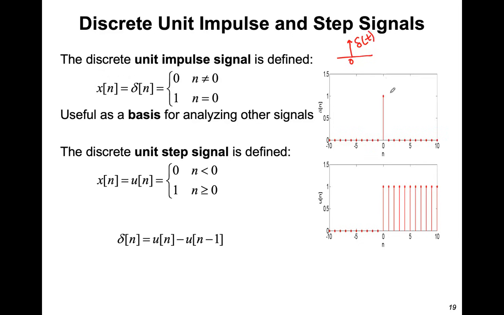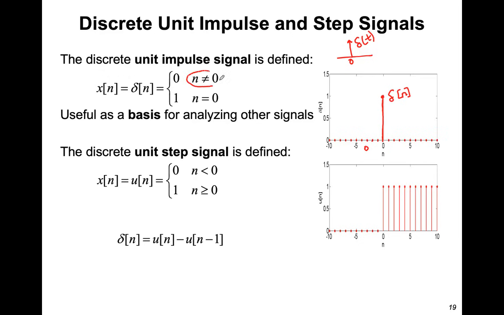Here I will say Dirac of n, and its definition is that every time instant, every sample, I have 0. Every time instant other than 0, everything is 0. But at 0 sample, my value is 1. Okay, this is the definition.